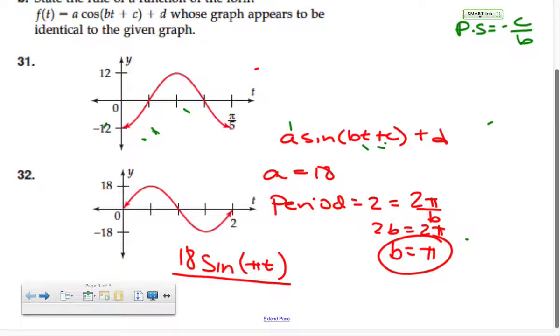Cosine is a little bit more challenging. Remember again that it is in groups of 4. So hold on just a moment.